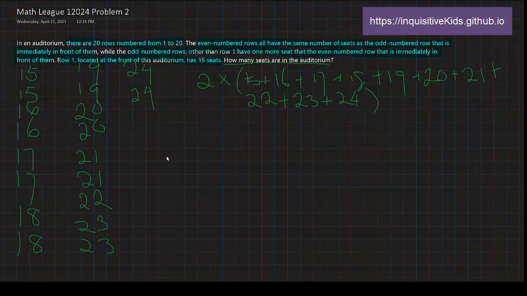Again, we see that this is equal to 2 times the sum of 39, because we can see that these can pair up. So that's 39 times 5. Simplify. That's going to give us 390. So that's 390 seats in all.